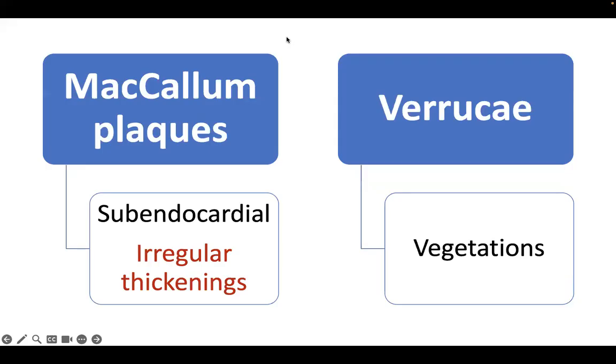Then, of course, we have the verrucae, which are actually the vegetations. Now, you have to remember the vegetations are comprised of multiple components: a fibrin clot, cellular debris, and also bacteria. So these vegetations are a perfect nidus for infection.